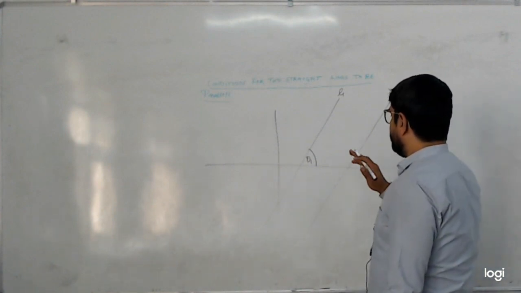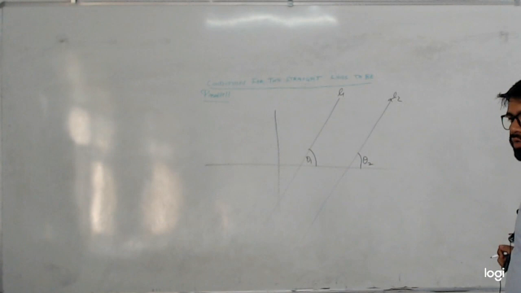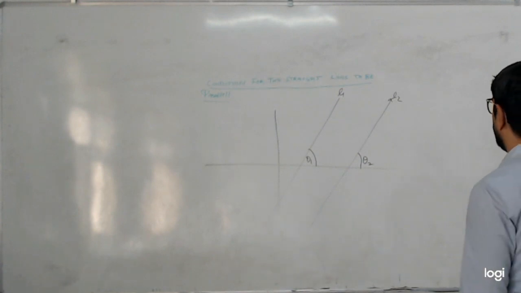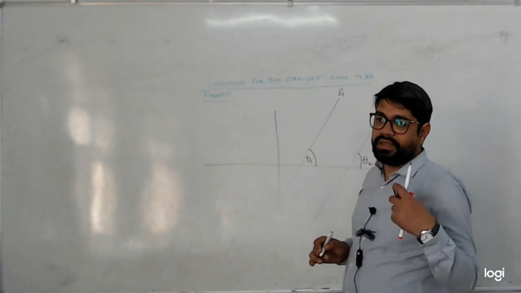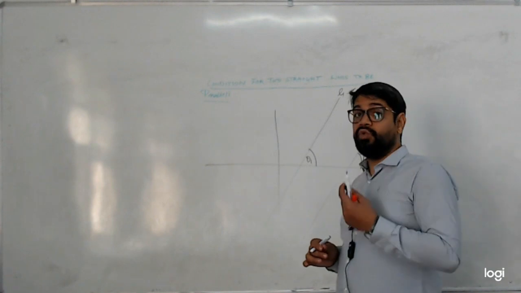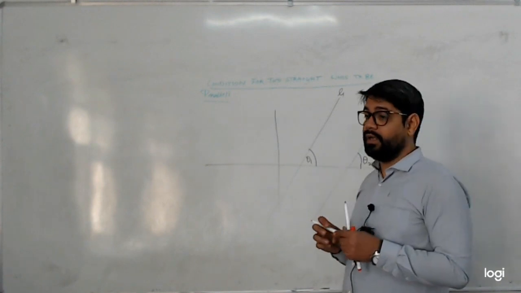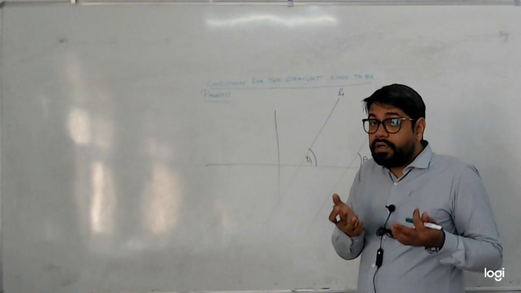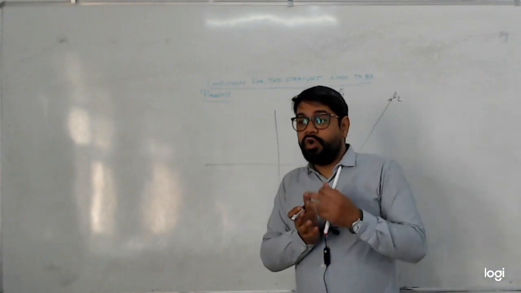So theta 1 should be equals to theta 2 अगर दो lines parallel हैं तो, or which will imply that tan theta 1 will be equals to tan theta 2 if two lines are parallel, and tan theta is nothing but the slope of that line.